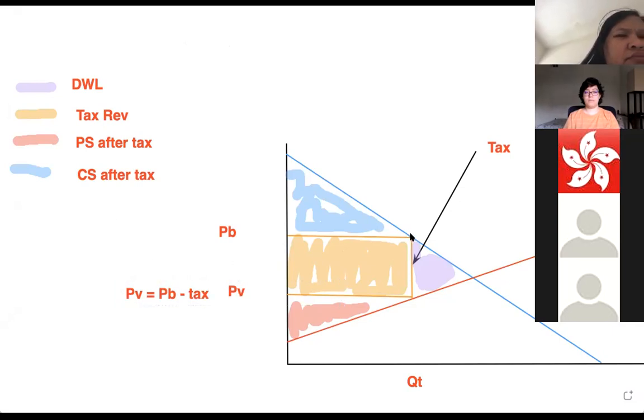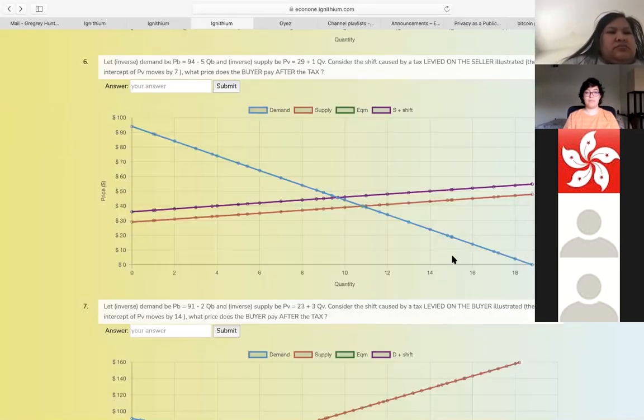So if we know PB, the buyer's price, we can just calculate it by subtracting off the amount of the tax to get the seller's price. Do you see what I mean? Anybody have a question about that? Okay, I'm assuming there are no questions. You all are good.